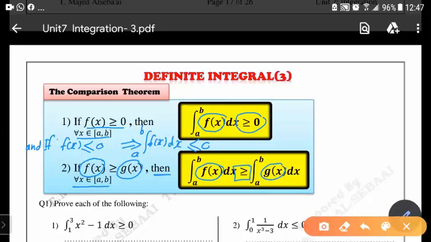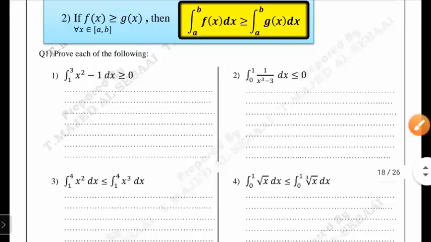And also, if f of x is less than or equal to g of x, the integration of f dx from a to b is going to be less than the integration from a to b of g. You understand that? Okay? Is that clear?